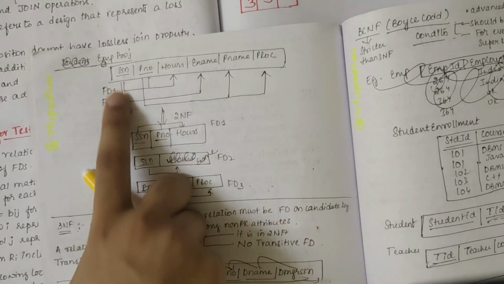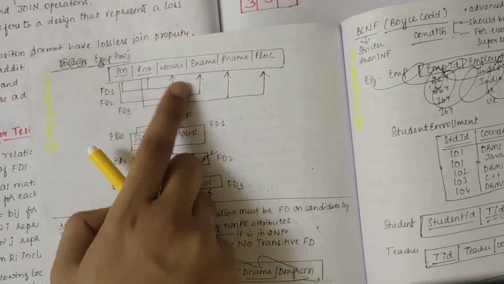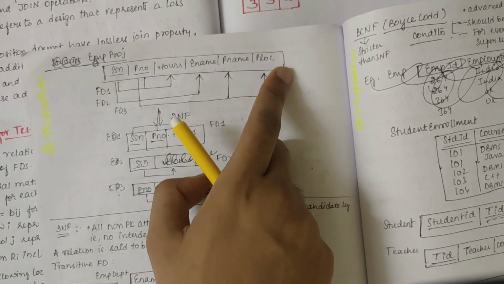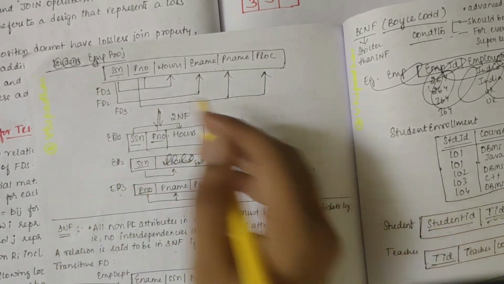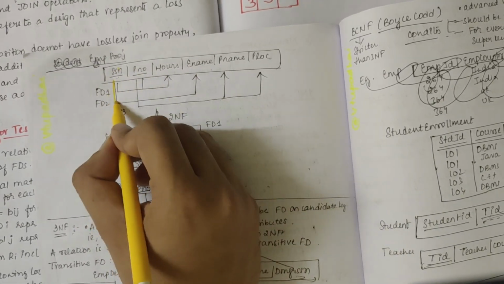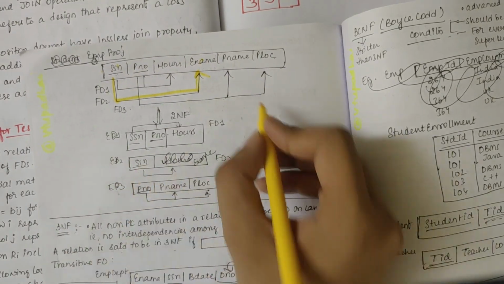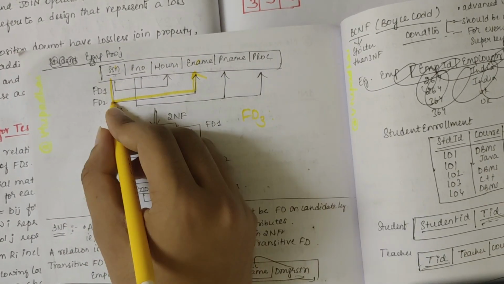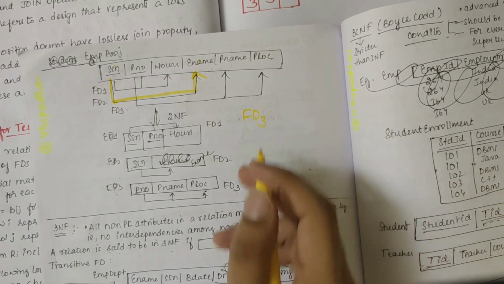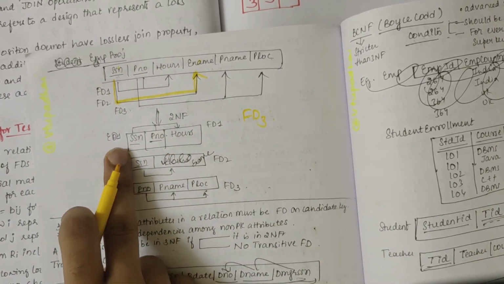So here I have employee project: SSN, P number, hours, ename, pname and P location. Firstly, FD1 states that P number and hours are functionally dependent on SSN.